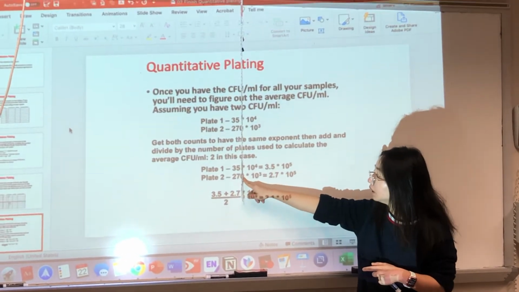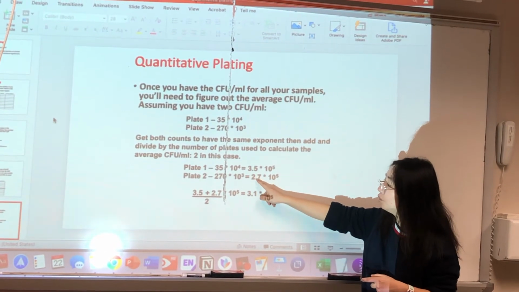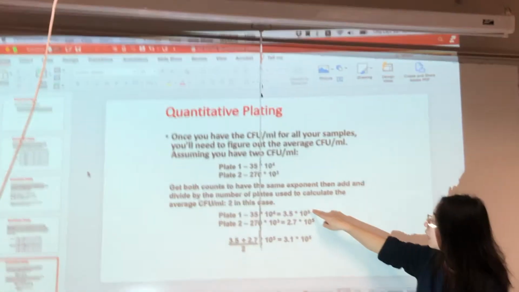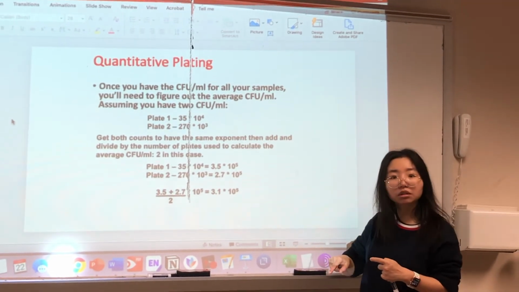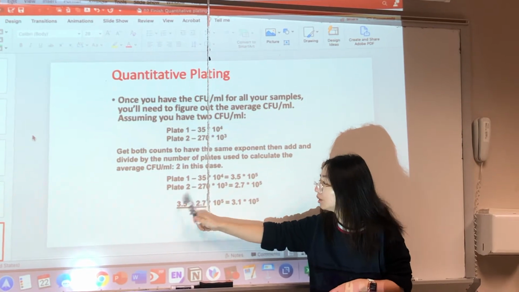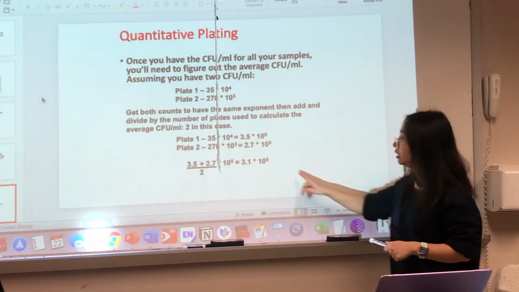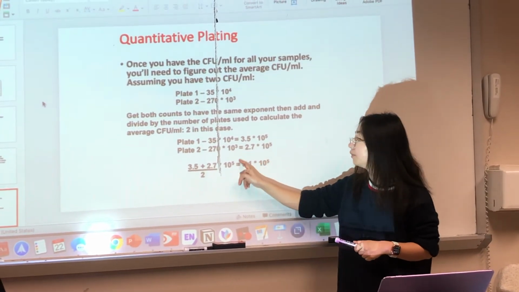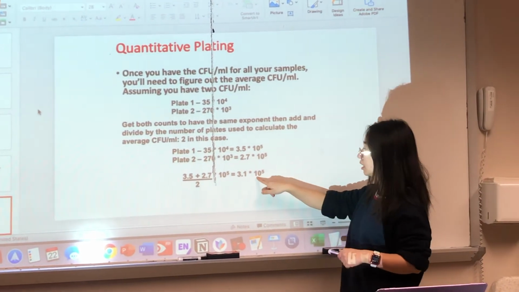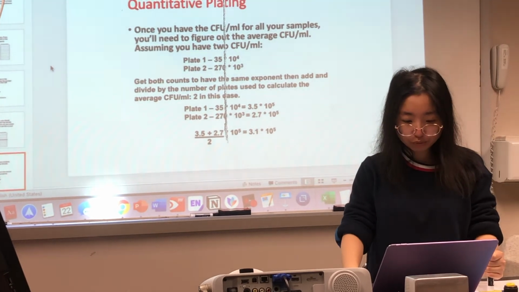And 70 multiplied by 10 to the 3 equals 0.7 multiplied by 10 to the 5th. As long as we get the same exponent, it's okay for us to add these 2 numbers together and divide by 2. By doing this, it's easy to get the average CFU per ml for all of your samples.